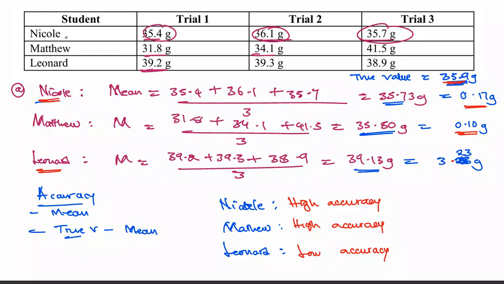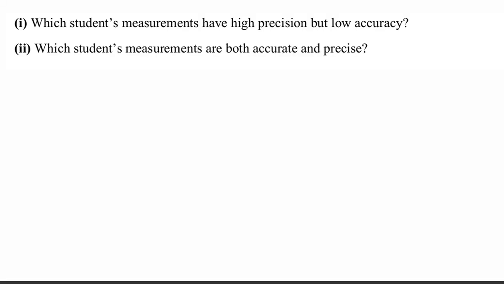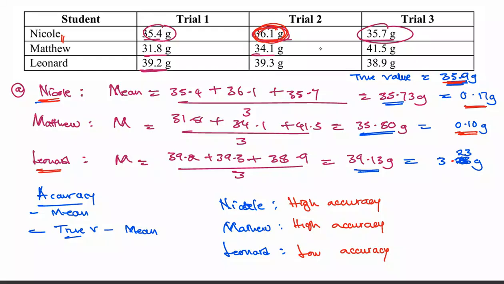So if we look at Nicole here, we're going to look for the biggest value, which is 36.1, and the smallest value is 35.4, as you can see.